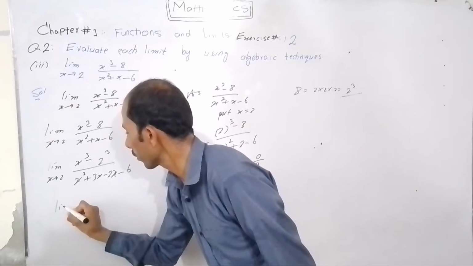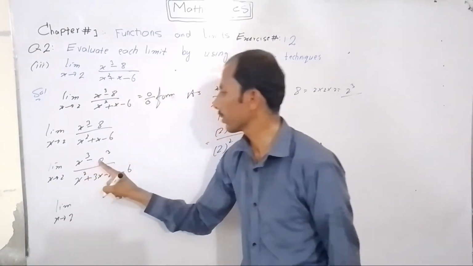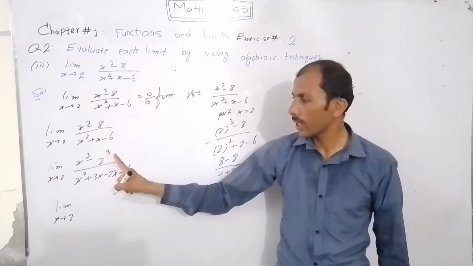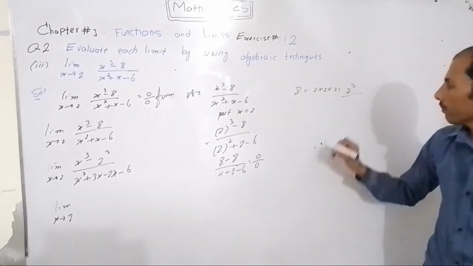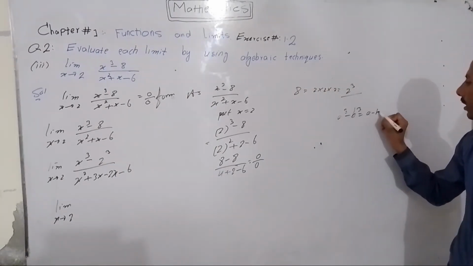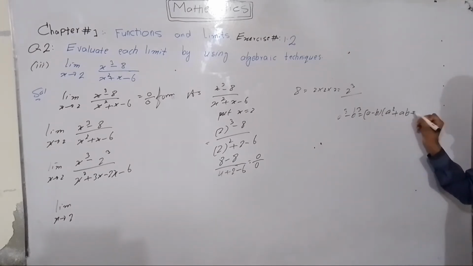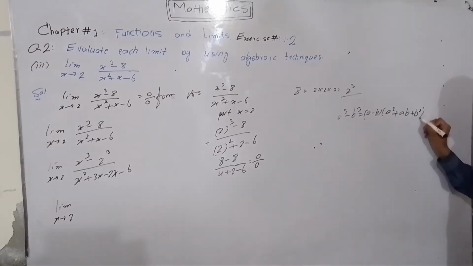So limit x approaches 2 of x cube minus 2 cube can also be written using the formula a cube minus b cube is equal to (a minus b) into (a square plus ab plus b square).